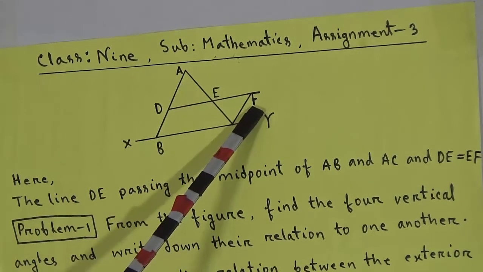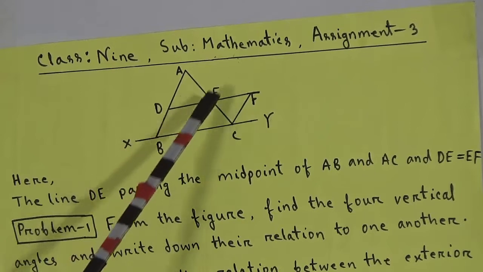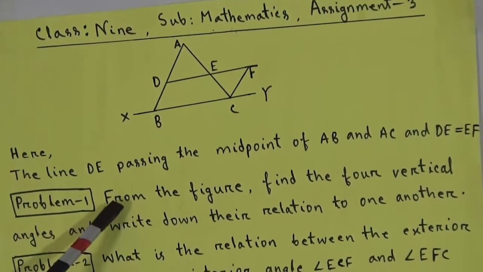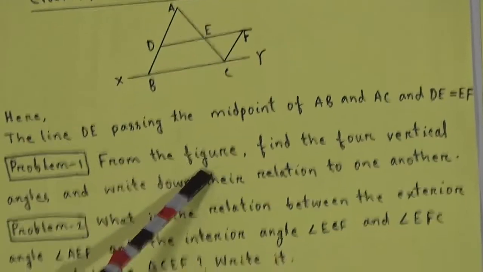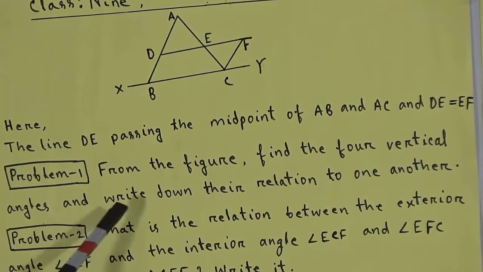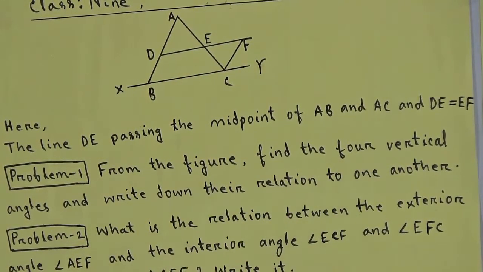Here, students, it's the point F. DE is equal to EF. Now problem number 1 is, from the figure, find the four vertical angles and write down their relation to one another.